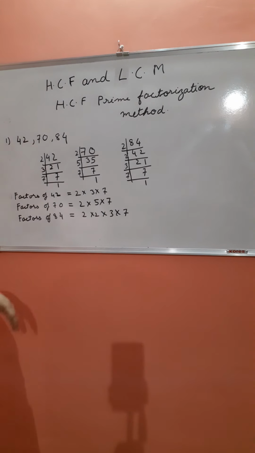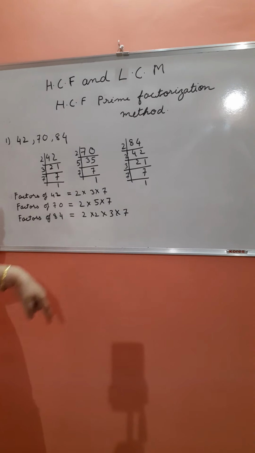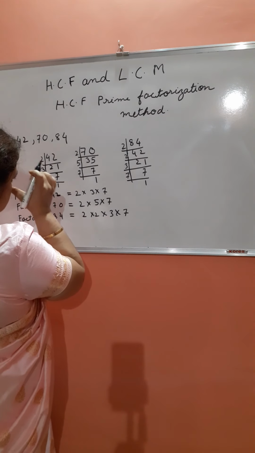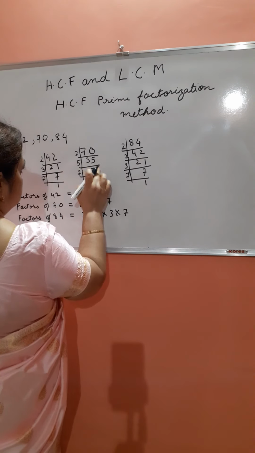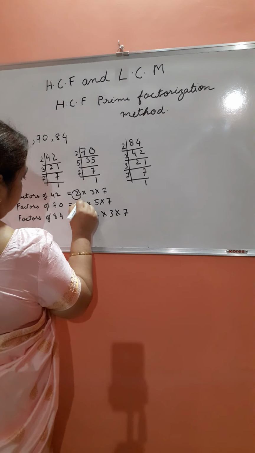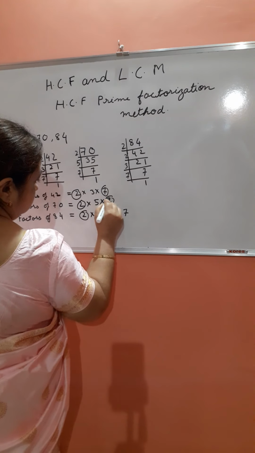So see what is common here. 2 is common here and 7 is common here.